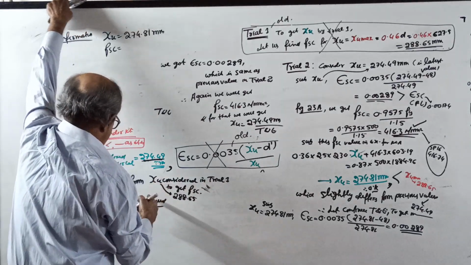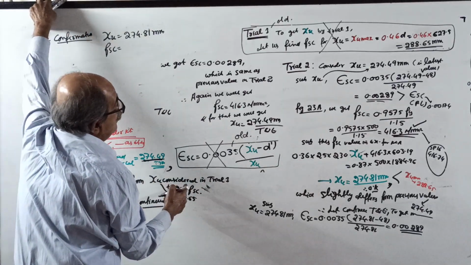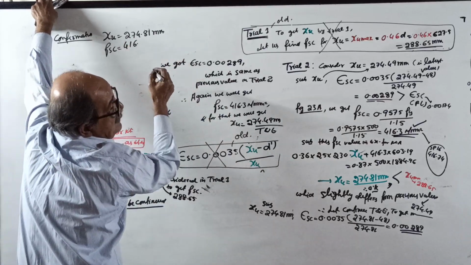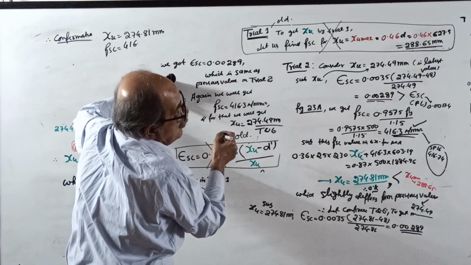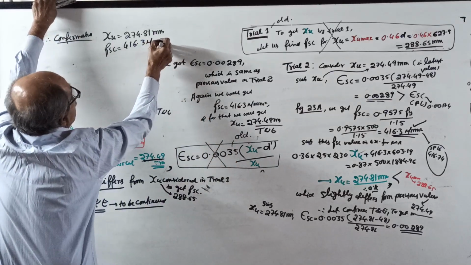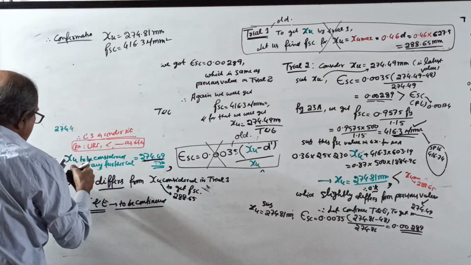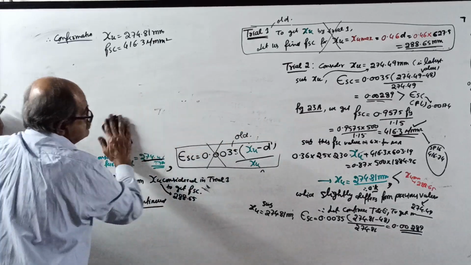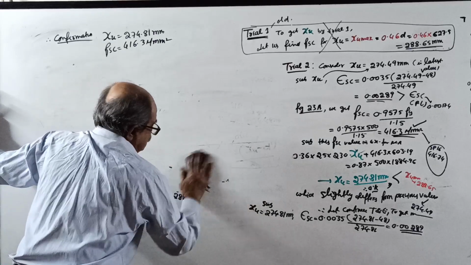The last FSC value, 416.3. FSC equal to 416.3, correct? 416.3 Newton per mm square. Over. Now happily find ultimate.